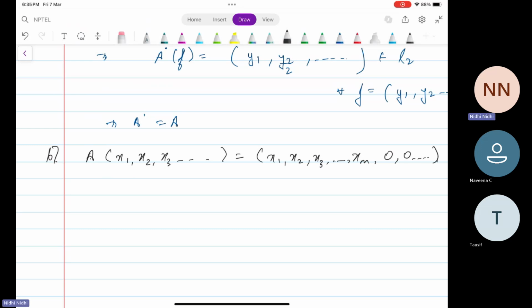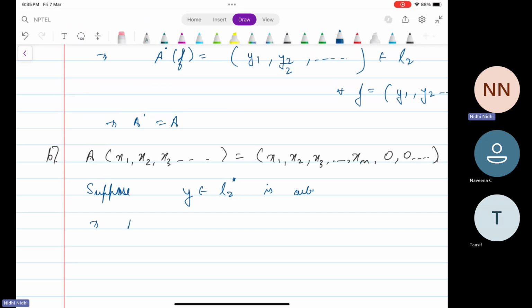So now again, suppose y belonging to L2 star is arbitrary. So by y I mean the functional defined using y.